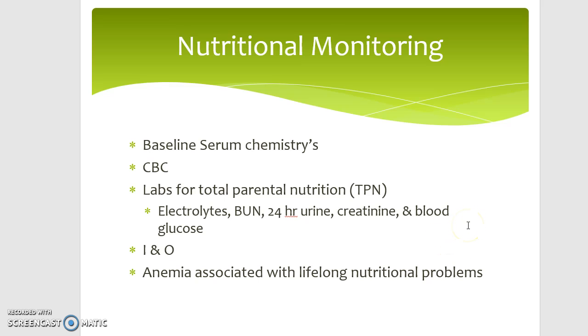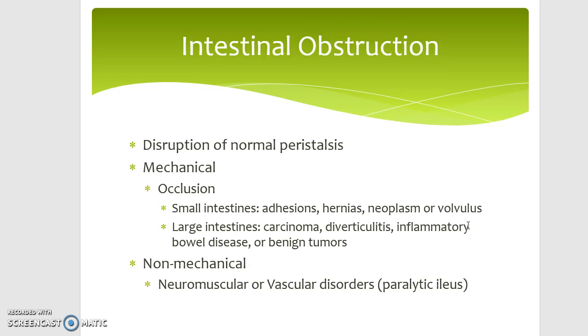Nutritional monitoring: baseline serum chemistries, CBC, labs, particularly if the TPN is being used, which are electrolytes, the BUN, 24-hour urine may be collected, creatinine and blood glucose, I&O, and anemia is associated with lifelong nutritional problems, so B12 and folic acid replacements are necessary.